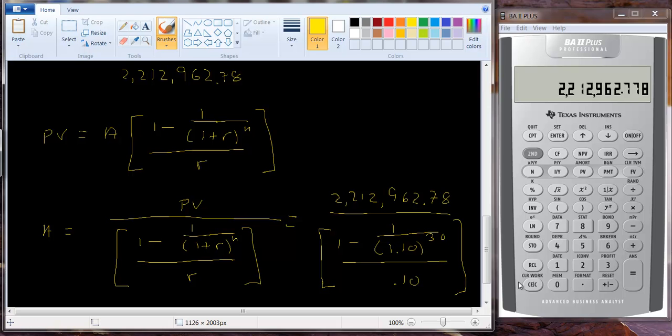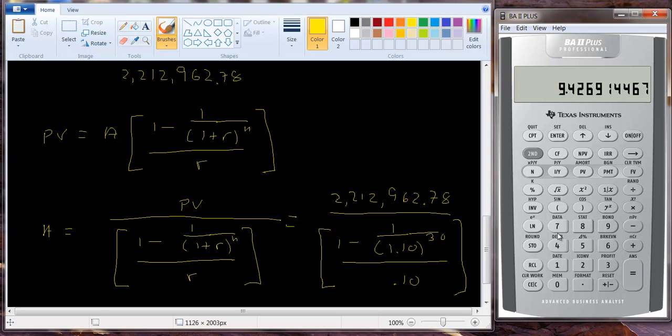And let's see what we get here. Okay, we have 1.1, raise it to the 30th power. Okay, flip that over, and then take the negative so you can add it to 1, equals, divided by 0.1.